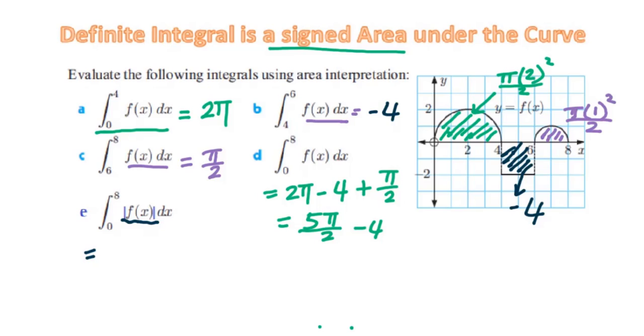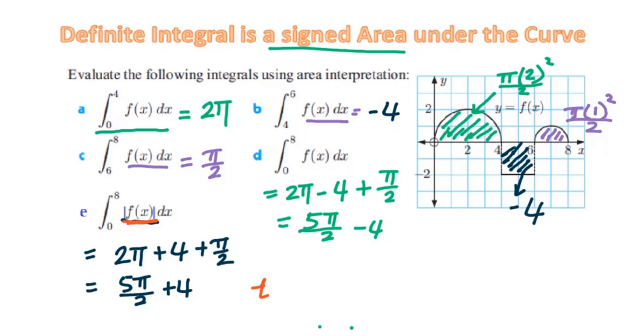When you put the absolute value, it means the total area under the curve. Therefore, we will have 2 pi plus 4 plus pi over 2 equals 5 pi over 2 plus 4. Remember, when you put the absolute value, we are looking for total area under the curve.